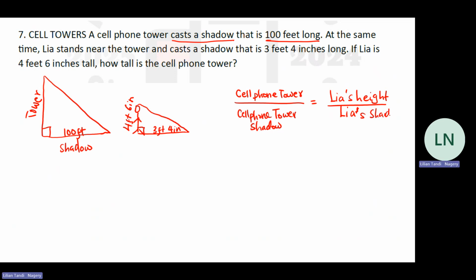So they must be proportional. I don't know the cell phone tower, I will put X. I know the shadow for the cell phone tower is 100 feet.